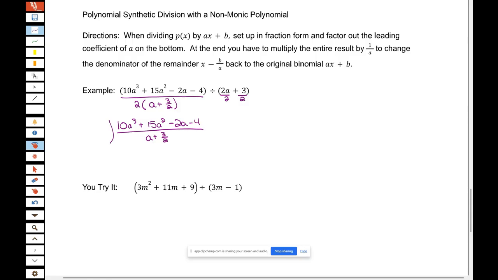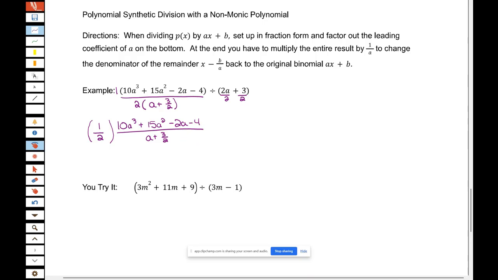And essentially out front, we have a 1/2 because of that, like a 1 here and the 2 on the bottom. So what we can do, and usually at this point, my honor students are already telling me what we're going to do. I don't even get to tell them. We're going to do this with synthetic and then multiply a 1/2 through our entire answer to make it equivalent. And that is exactly what we are going to do.